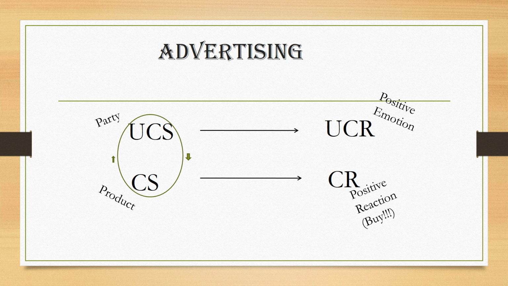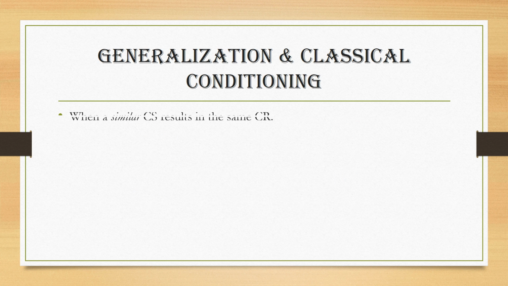Now, I want to speak of what's called generalization and discrimination. Going back to this, when a similar conditioned stimulus results in the same conditioned response, you have what is called generalization.